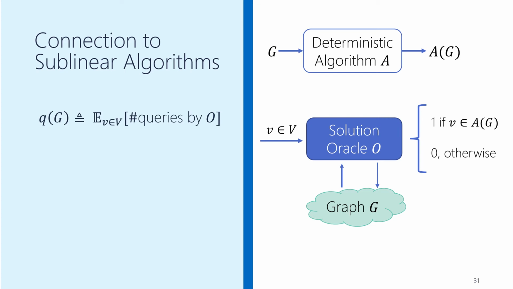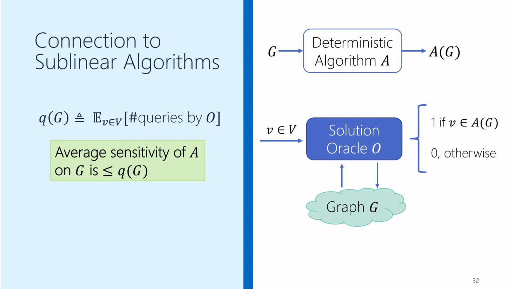Let Q denote the average query complexity of the oracle O, averaged over the input vertices V. We prove that in this case, the average sensitivity of A is at most Q. That is, if A has an efficient solution oracle, then its average sensitivity is bounded by the query complexity of that oracle.